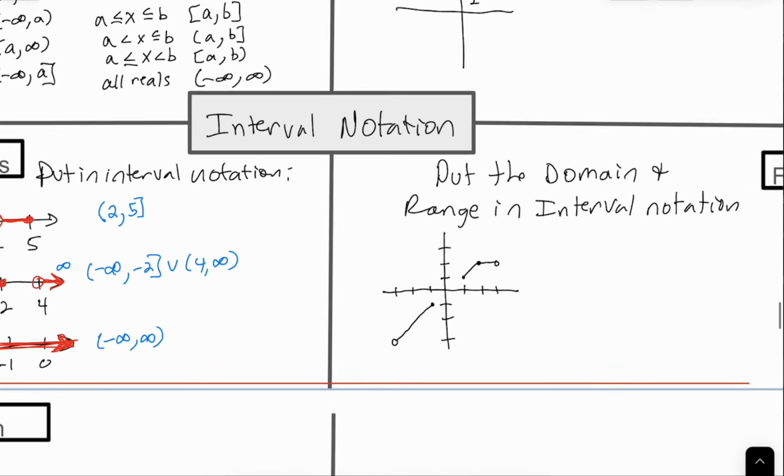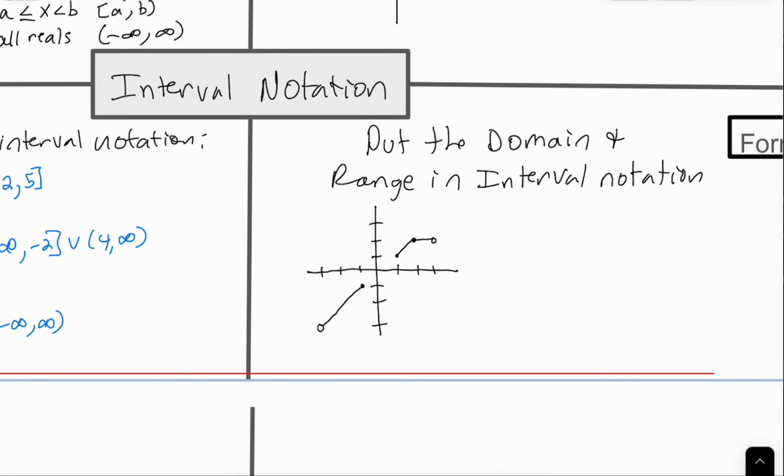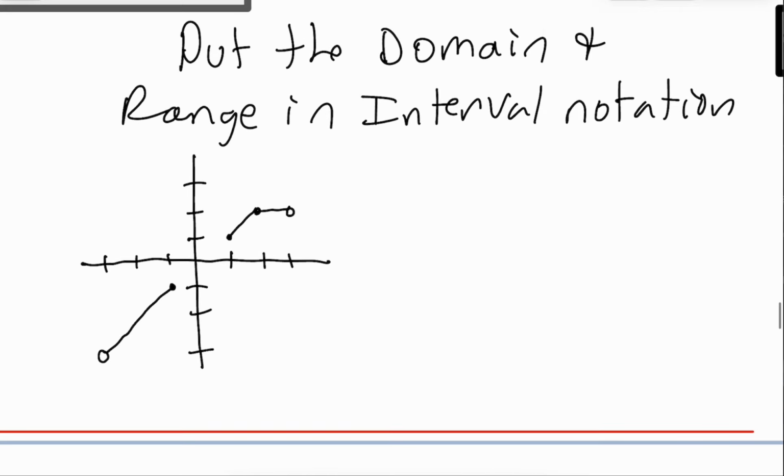And then finally, let's put this in domain and range and interval notation. So one more practice. If we think about x's we have used from left to right, I sometimes will just go along the x-axis. Let's assume I've lined up everything on nice numbers, okay? Just to make it easier for ourselves. So I have an open circle here and a closed circle here. Close, open. So we have to account for all those things.